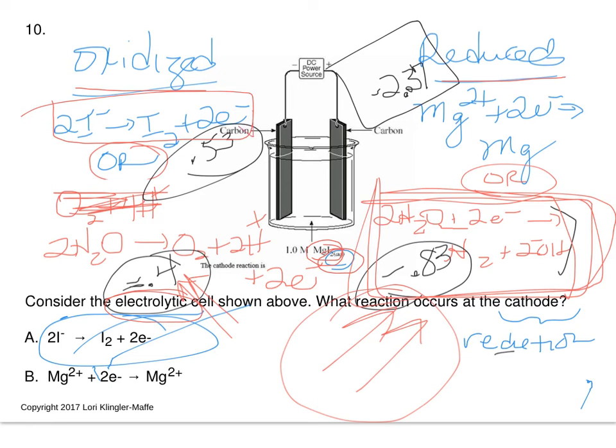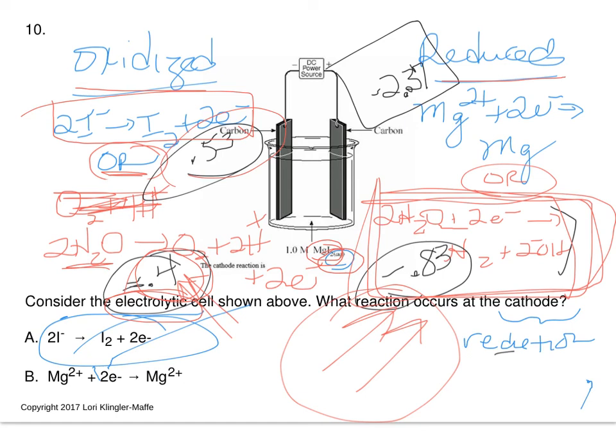Look up its voltage in a standard reduction table. It's 0.53 volts. Or the second possibility of something that can get oxidized is water. Water being oxidized has a standard cell potential of 0.4.